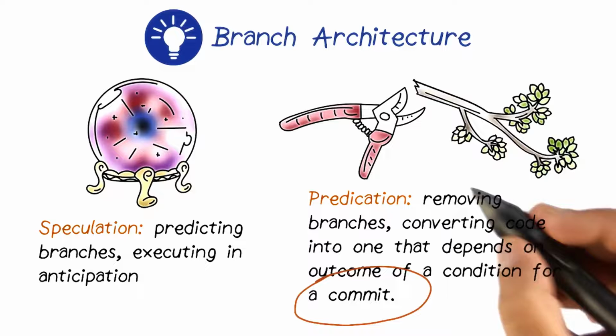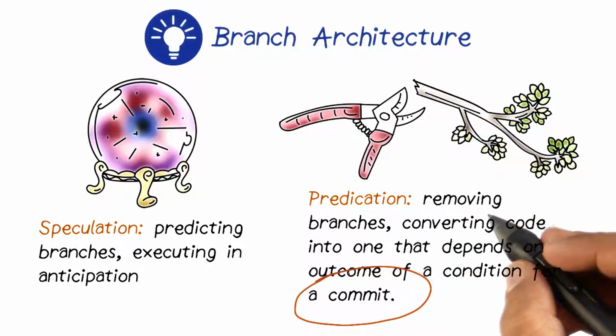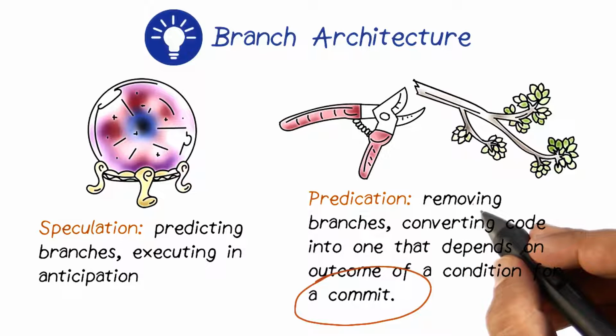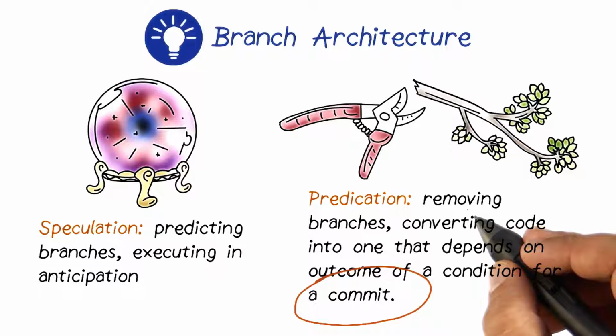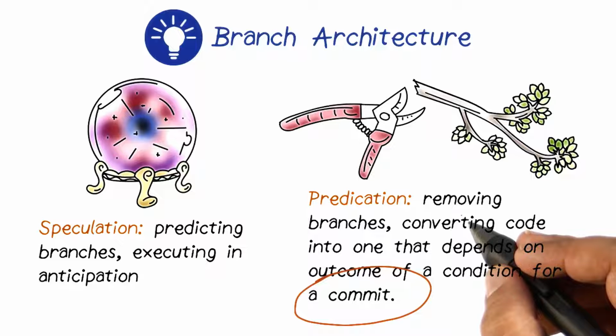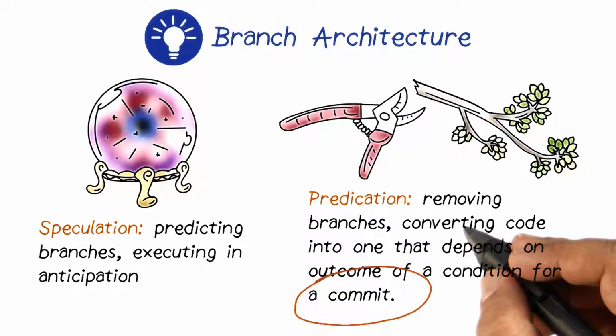So what is predication? Predication is executing both sides of the branch and keeping the results ready, but not committing them. When the branch outcome is known, take that part of the branch and take its results and commit it to the destination. What does committing a result mean? Committing means write back. We can write back the result into a register, or we can write it back into the memory depending on the kind of instruction it is.